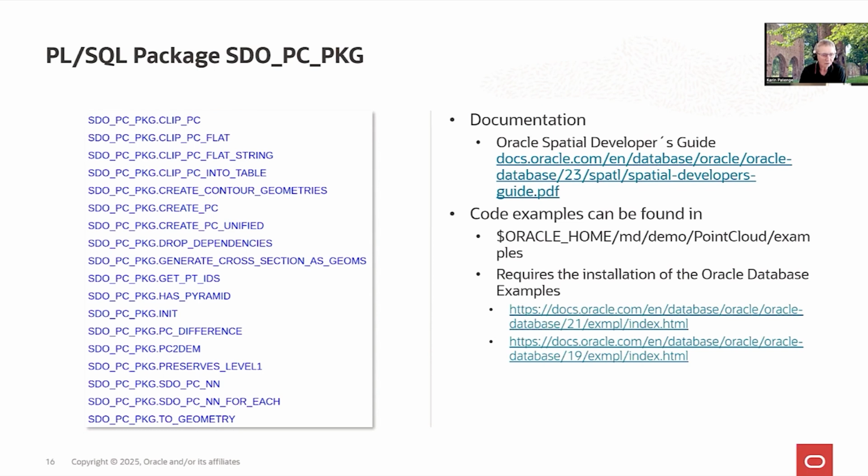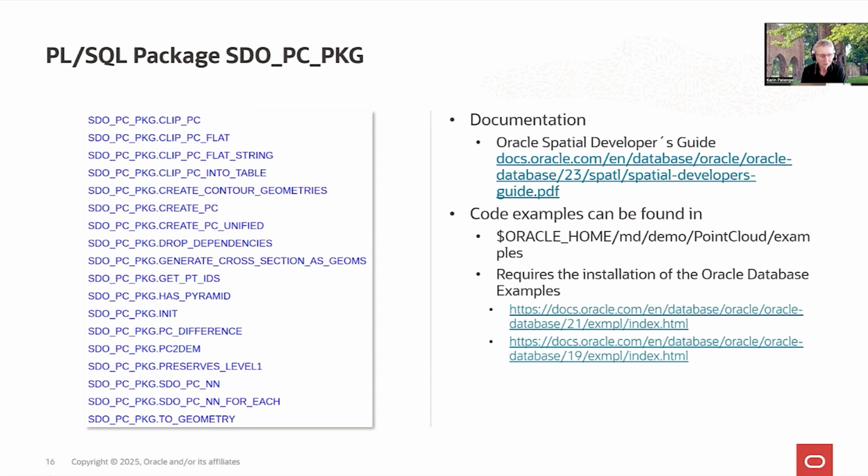And this includes also functions like PC underscore difference, what I mentioned before, that we can detect the changes between the point cloud data sets at two different timestamps.